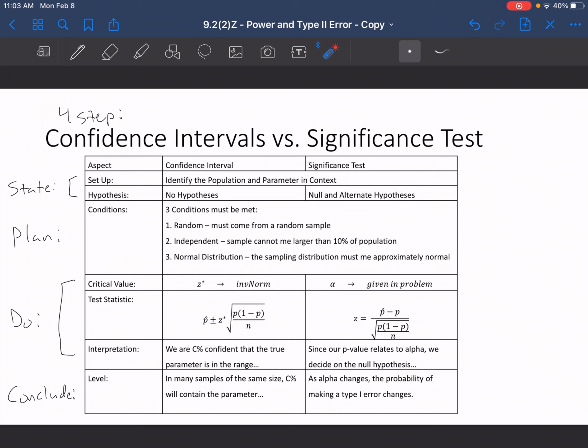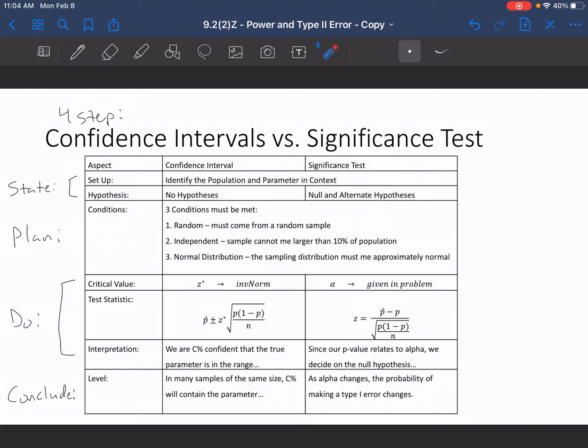And again, that can come in multiple ways. The problem can say that it's a normal distribution. You can use the large counts condition to make sure that the successes and failures are both greater than or equal to 10. And you can also check the central limit theorem to make sure that there are 30 or more people in the sample. So all of those would suffice for the normal distribution.